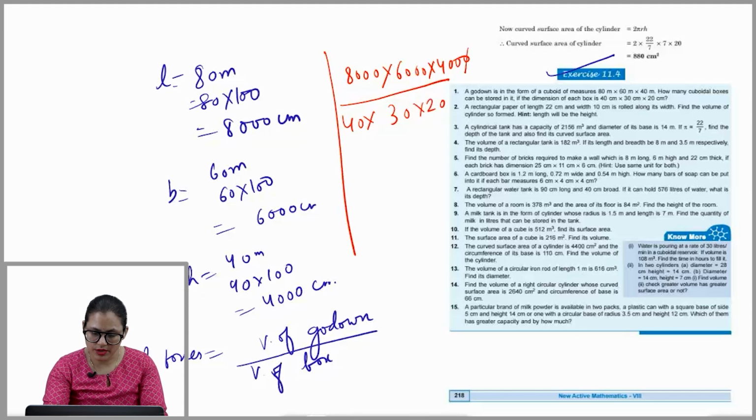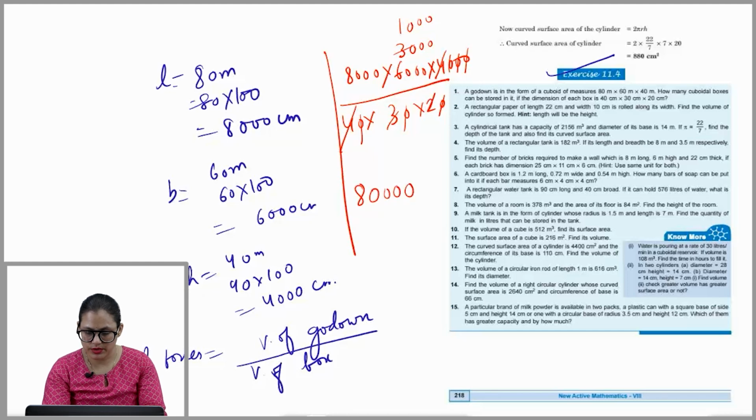After cancelling, the number of boxes is 8000000. That means 80 lakh boxes can be stored in that godown, right students?